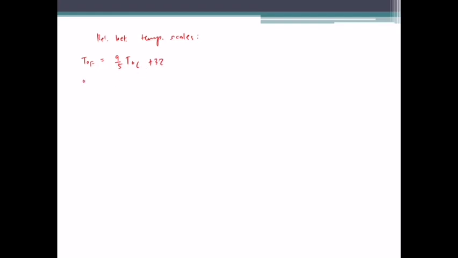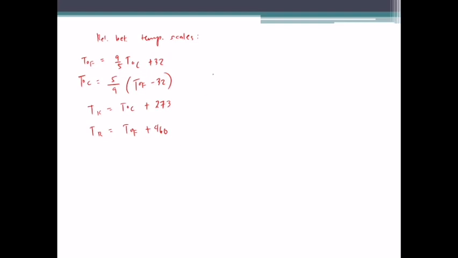To get the temperature in Celsius, subtract 32 first from the temperature in Fahrenheit, then multiply by 5/9. To get the absolute temperature in Kelvin, that is temperature in Celsius plus 273. To get the temperature in Rankine, that is temperature in Fahrenheit plus 460.